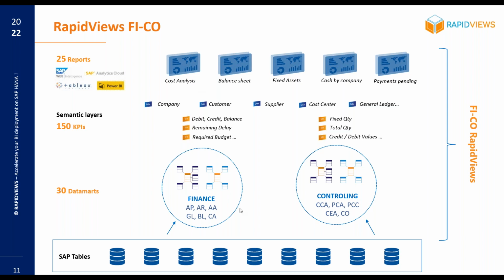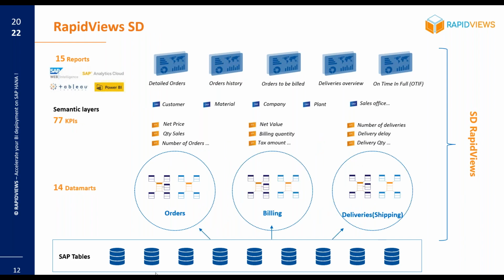The data marts point to the subcategories of finance and controlling, which can be adapted as well by your IT team or your SAP partner. For SD, we have 14 data marts on orders, billing, and shipping, 75 KPIs, and 15 sample reports.